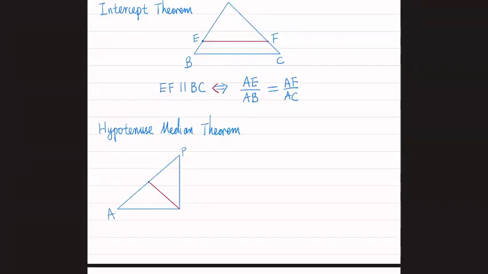A, B, C, D. Previously, the way we stated the theorem is, if this is the right triangle, then CD is half of AB.